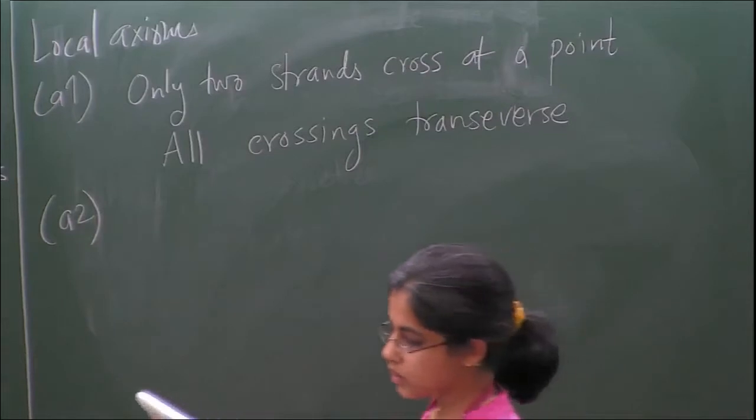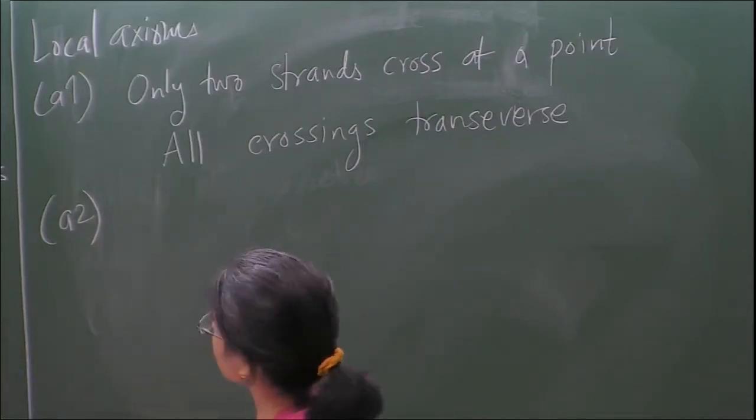The second local axiom is that there are finitely many crossing points.